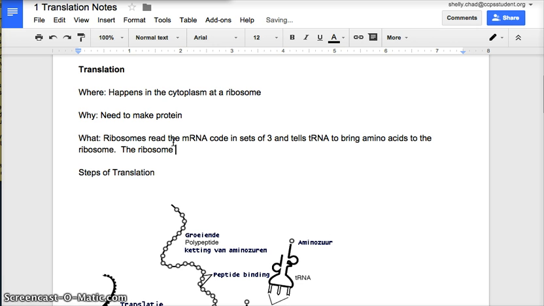The ribosome then puts the amino acids together to make a protein.